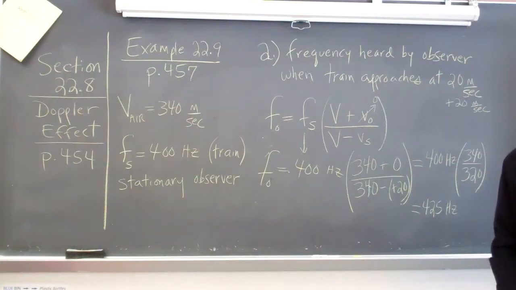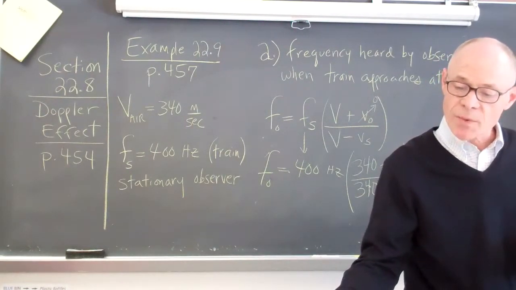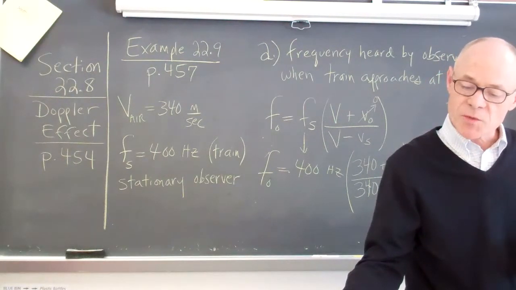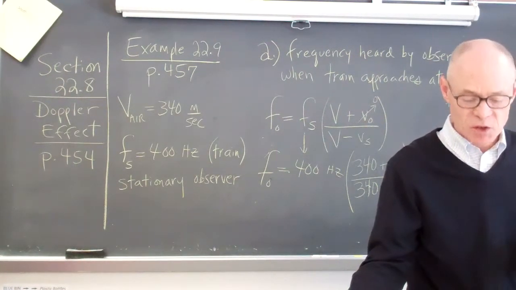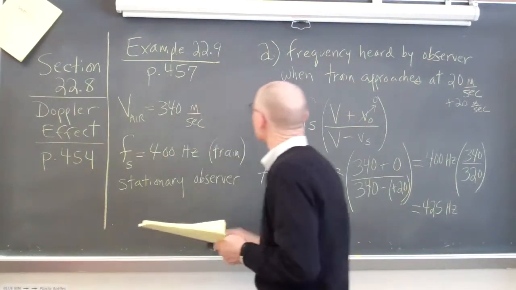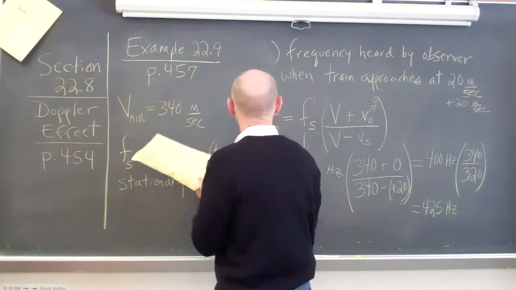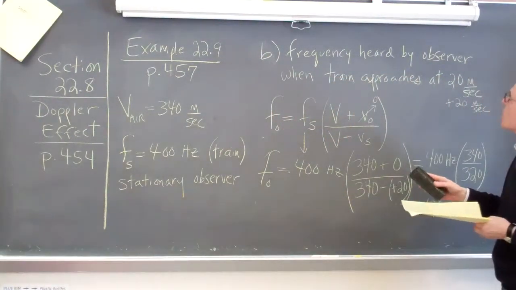There is a part B to this problem. Part B is what is the observed frequency if the train is moving away from the observer at that speed? We don't need to rewrite the whole problem.